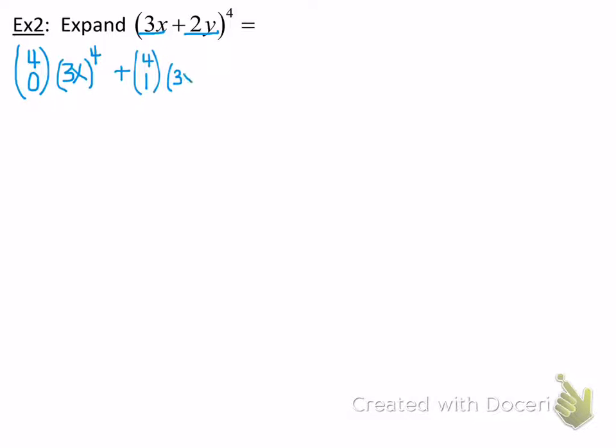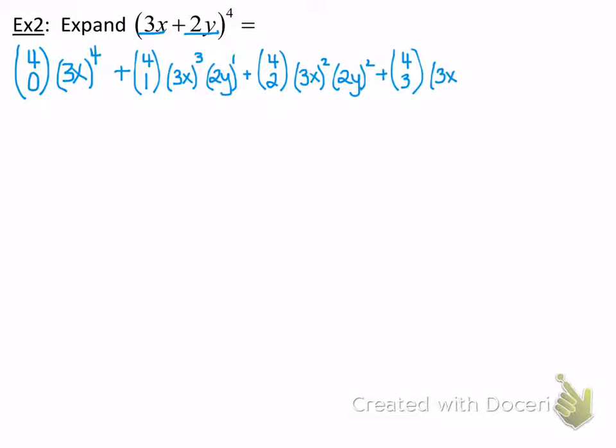A is still 3x, but now we're taking it to the 3rd power, while we have b, 2y to the 1st, plus 4 choosing 2, 3x to the 2nd, 2y to the 2nd, plus 4 choosing 3, 3x to the 1st, 2y to the 3rd, and then lastly 4 choosing 4, 3x to the 0, which is 1, and then we have 2y to the 4th.